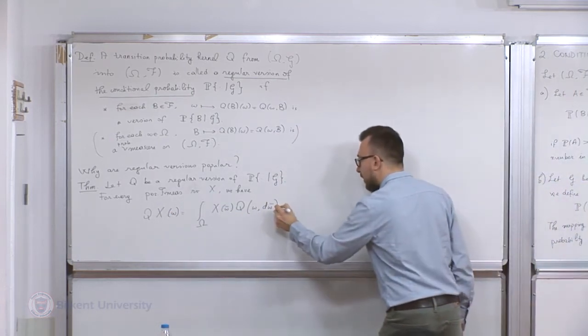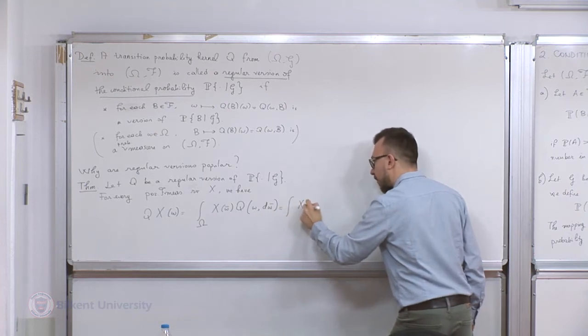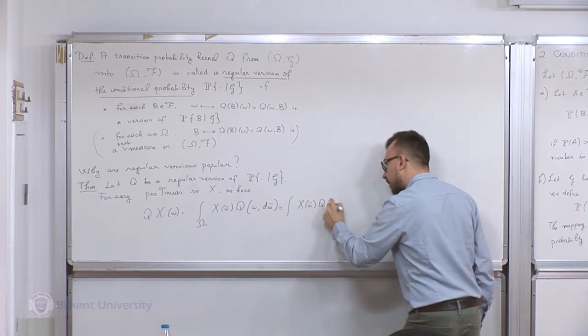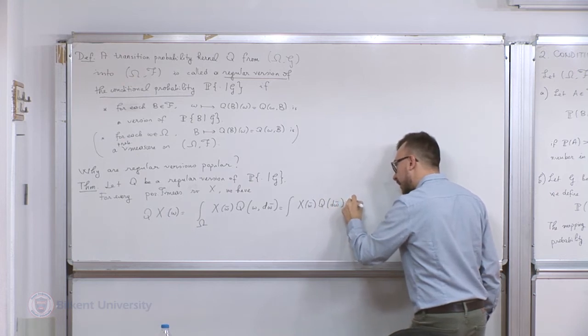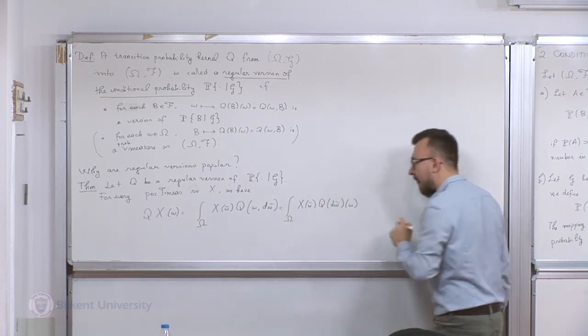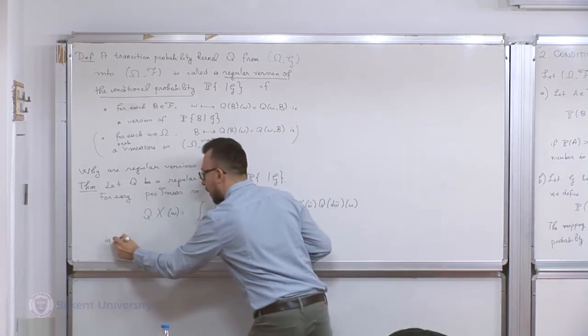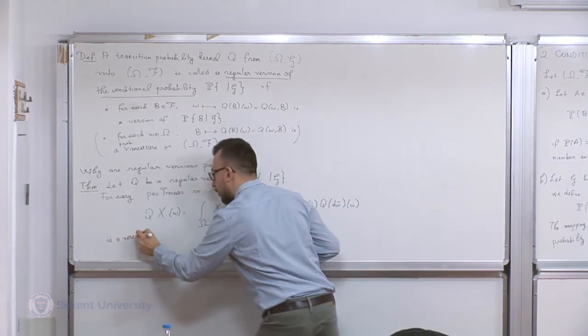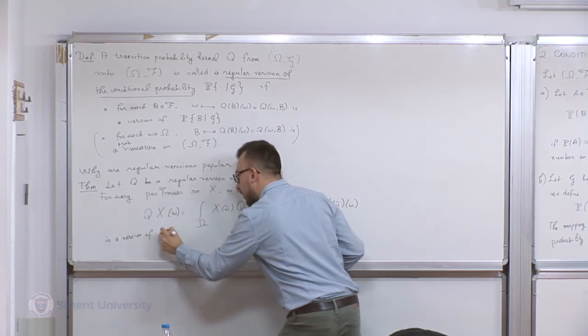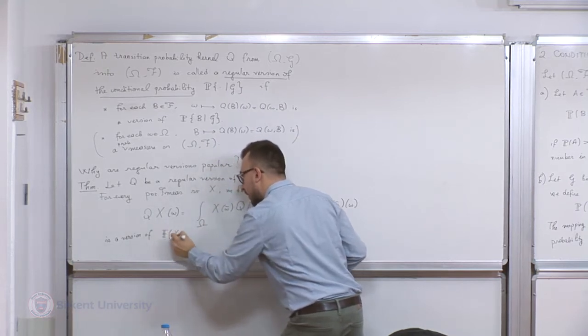I can also write it this way, X of omega bar, Q d omega bar, omega. This is a version of conditional expectation of X given G.